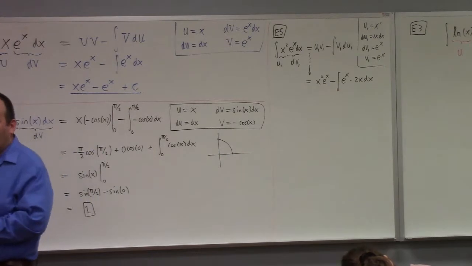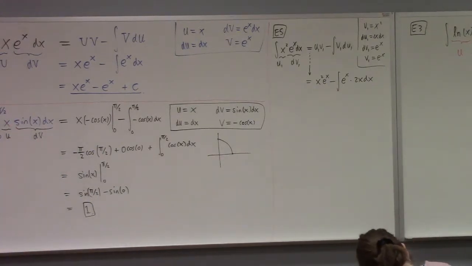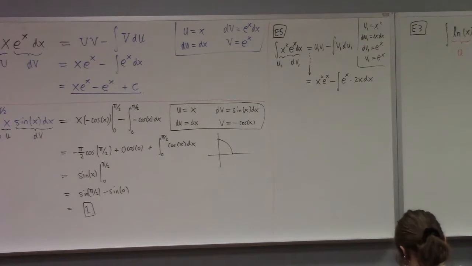I think we're making progress here, right? Because we've traded x squared times e to the x for x times e to the x. We're getting closer to something which is elementary, which is just the integral of e to the x, right? So it seems like if we just integrate by parts again, I think we'll have it, right? So let's do it. What we got?